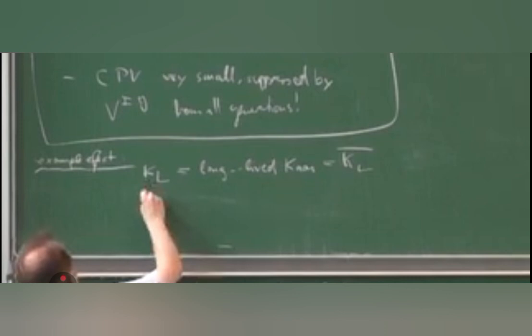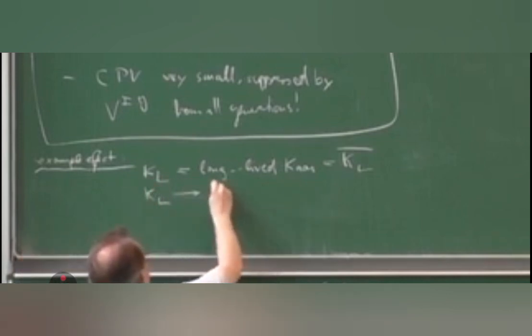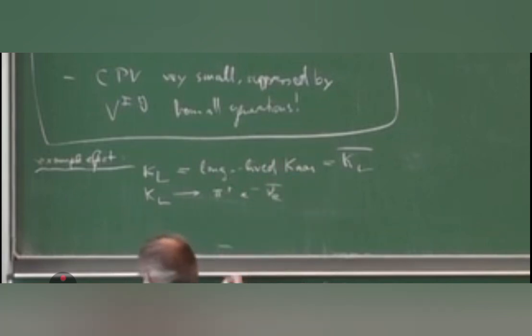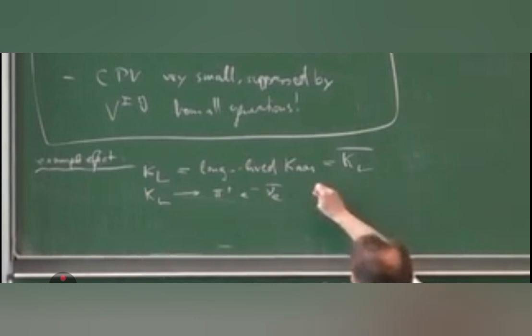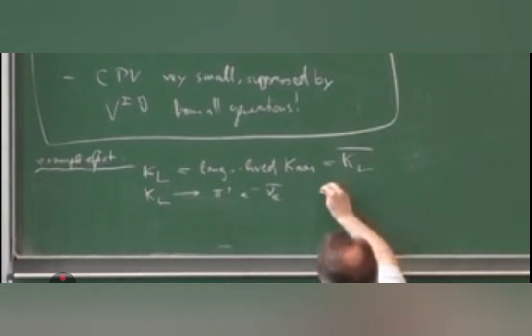And there is a decay mode: K long can decay into pi plus, e minus, and an anti-neutrino via the weak interactions. And this decay has a certain probability and a corresponding decay rate, gamma L. Or let's call it gamma minus, because we see in the final state a negatively charged electron.